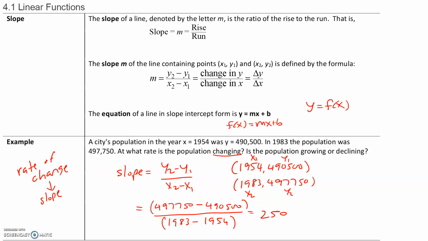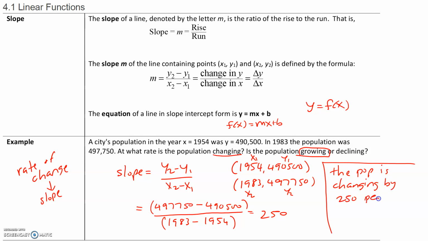And because the slope is positive, the population is growing. If the slope was negative, we would say the population is declining. And to interpret, here's what this is saying, that the population is changing by 250 people per year.